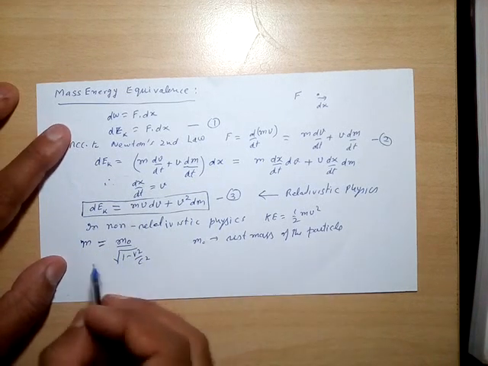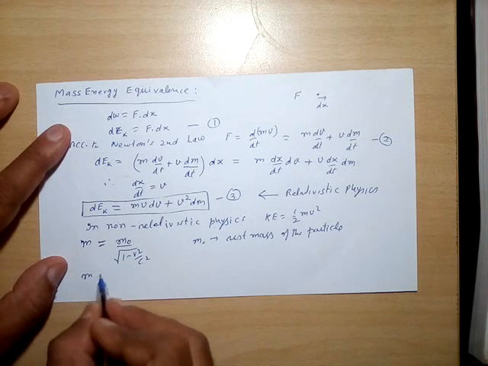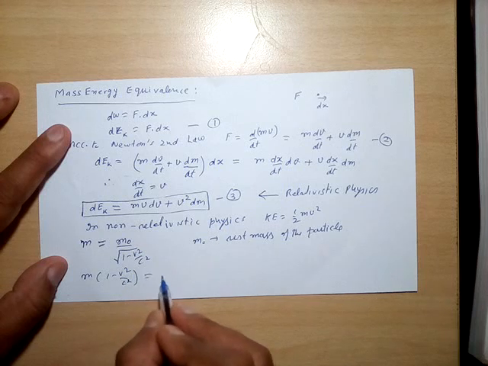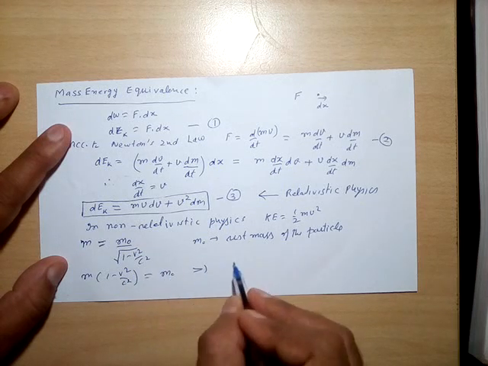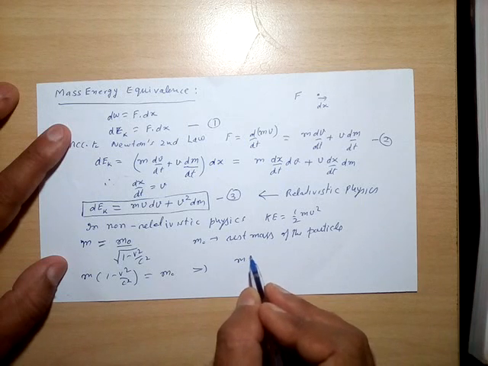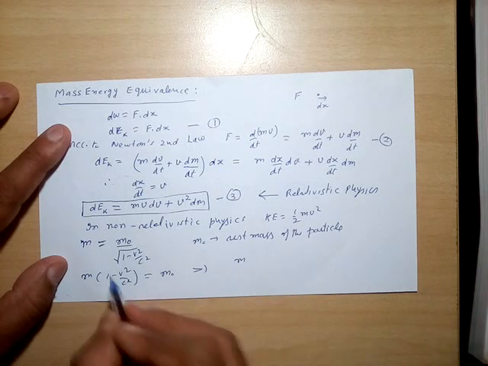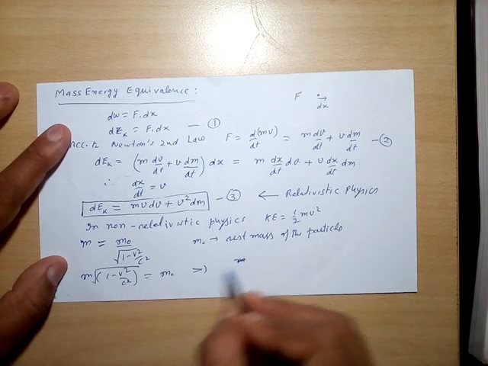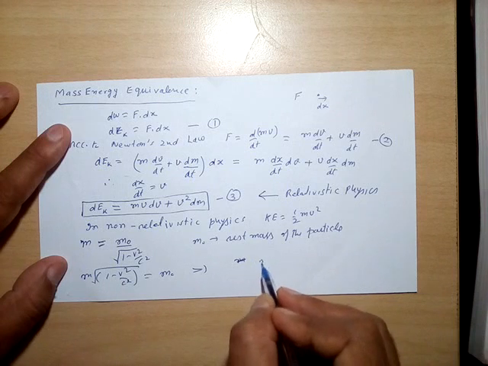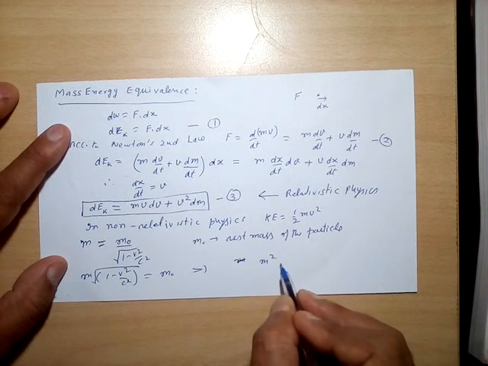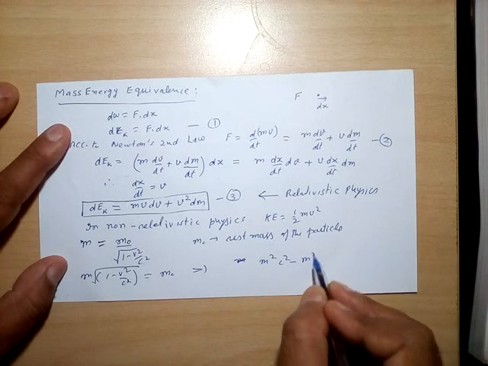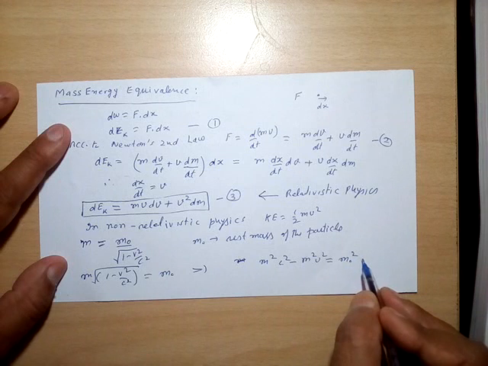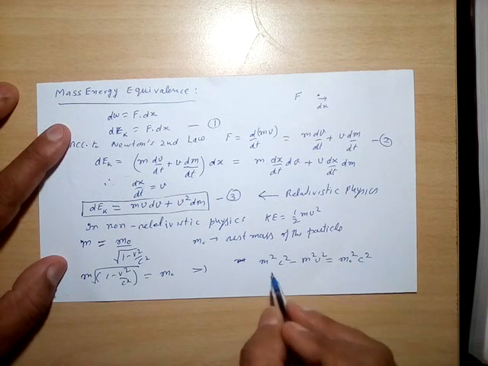So by using this expression, on rearranging, m into the square root of 1 minus v square by c square is equal to m naught. Squaring both sides, we can write m square c square minus m square v square equals m naught square c square.